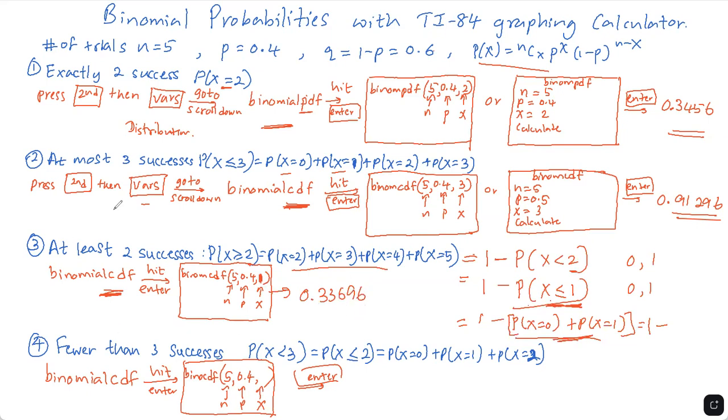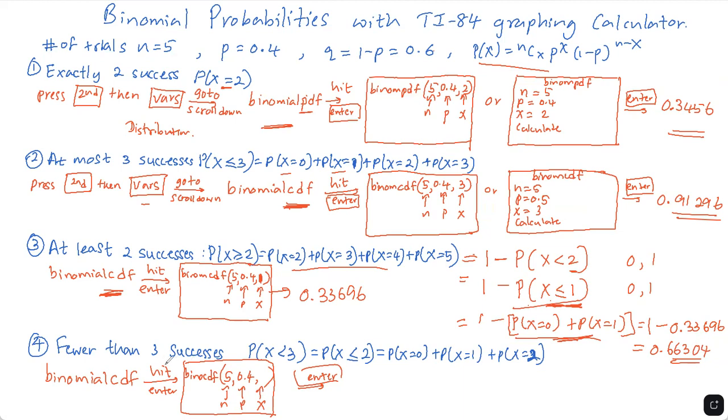So now to get the final answer, we have to subtract this number 0.33696 from 1, right? So then the final answer would be 0.66304. So this is the final answer, okay? For this problem, the probability x greater than or equal to 2 will be 0.66304.